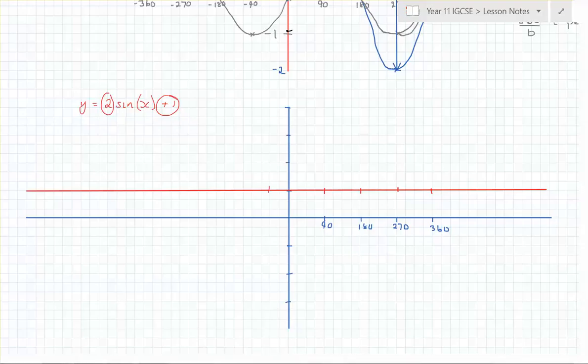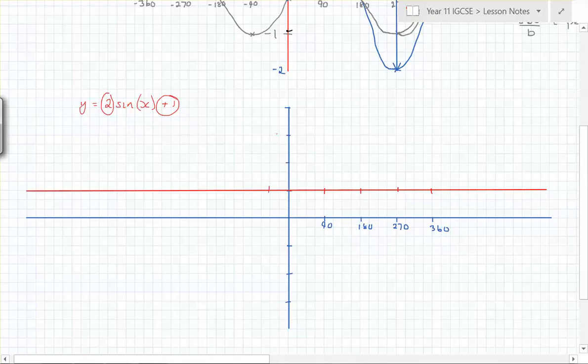Ella, do you know? No? Do you know what we mean by amplitude? So it's the distance from the centre point. So if we've got to go an amplitude of 2 from that central line, if the centre line is now at 1 and we've got to go a distance of 2, Alexander, the maximum will end up at 3.